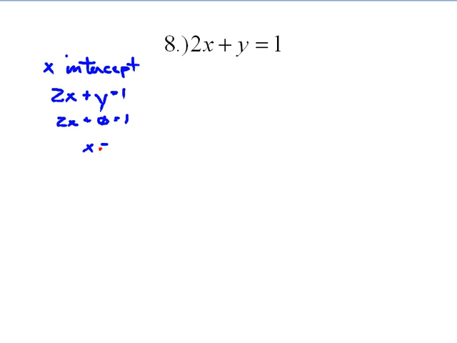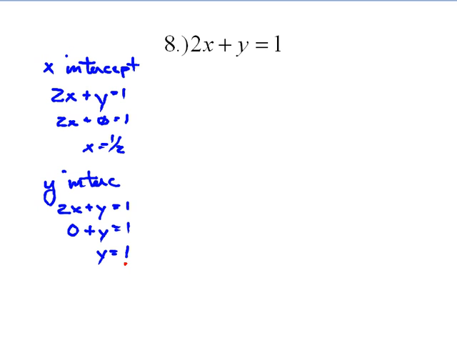So x equals 1/2. And we do the same thing for the y-intercept. 2x plus y equals 1. We put a 0 in for the x. So y equals 1.